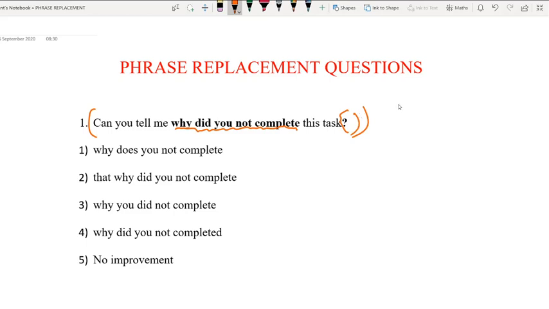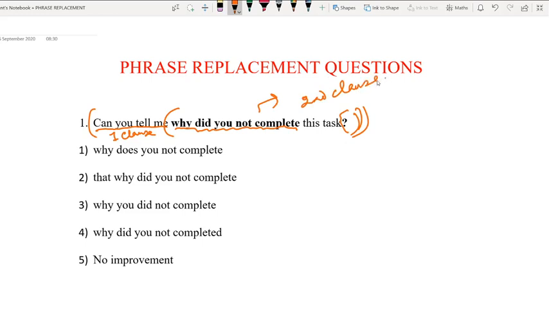My dear friends, let me tell you something. Whenever you get an interrogative sentence having two clauses, see, from can to me, it's one clause. Similarly, there is another clause here. This is the second clause.